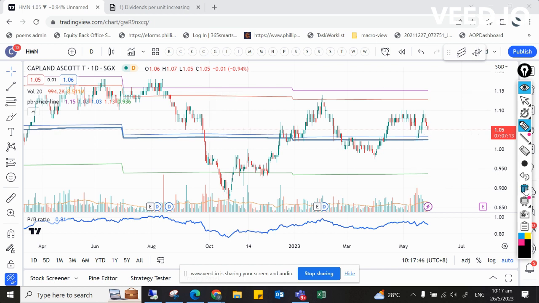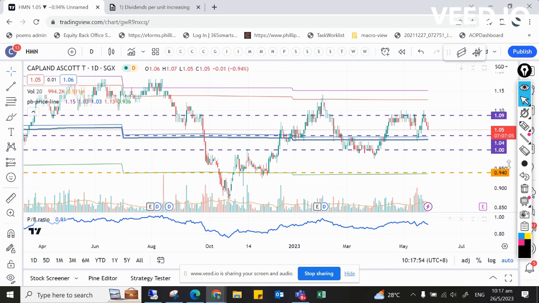The possible scenarios, I'll bring back my support resistance. So these are the possible scenarios. Scenario 1, the price could head down to $1 and rebound.